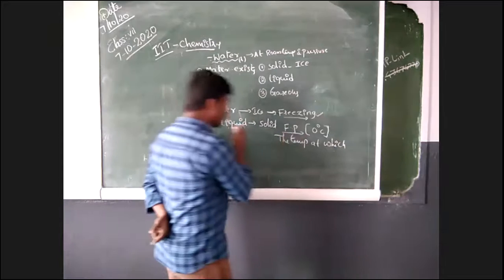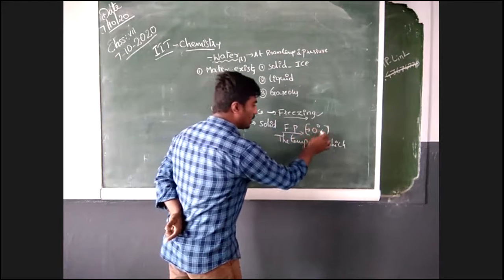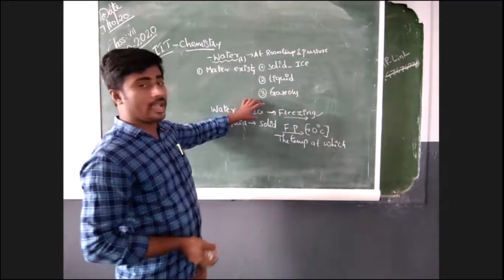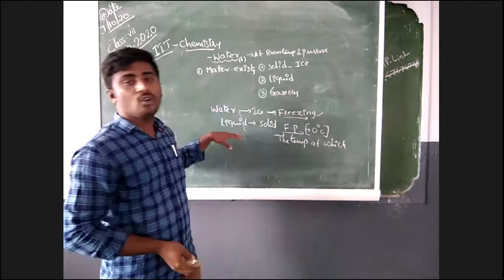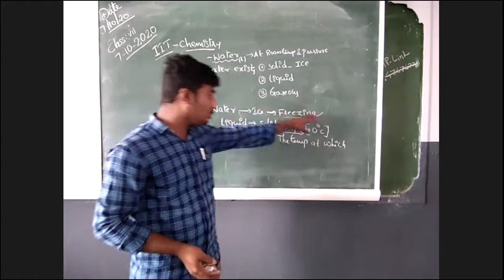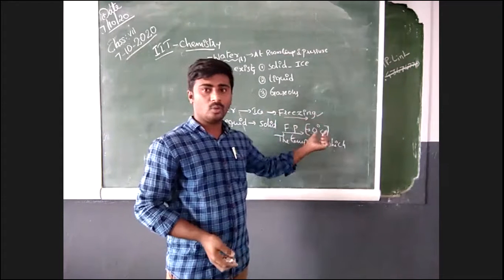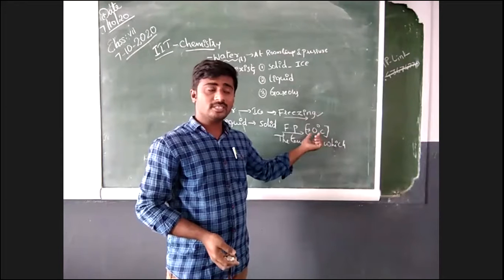When the water reaches 0 degree centigrade, the water is converted into ice. 0 degree is the freezing point of water. Is it clear, everyone?